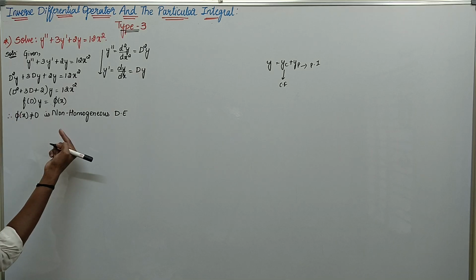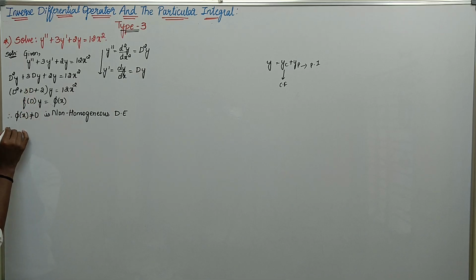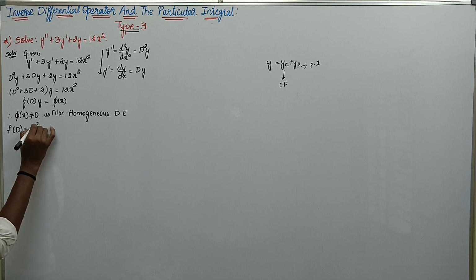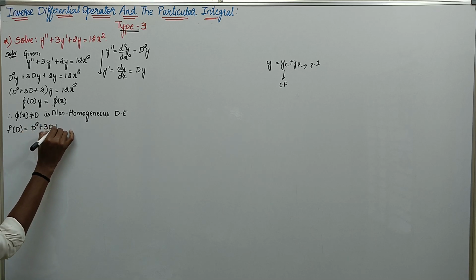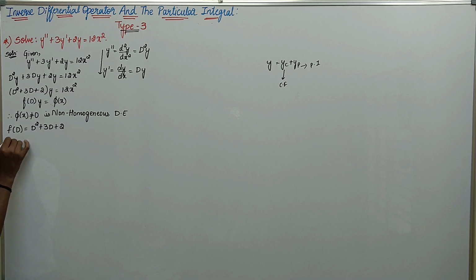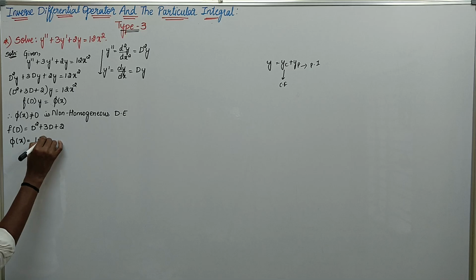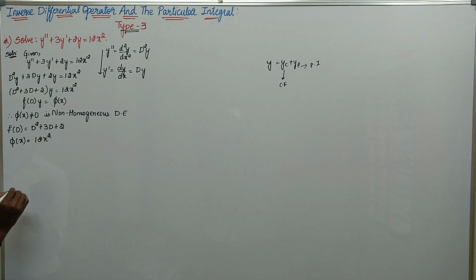Since it is non-homogeneous, f of d is d square plus 3d plus 2, and phi of x is 12x square. Next we are supposed to find the roots of the given differential equation.